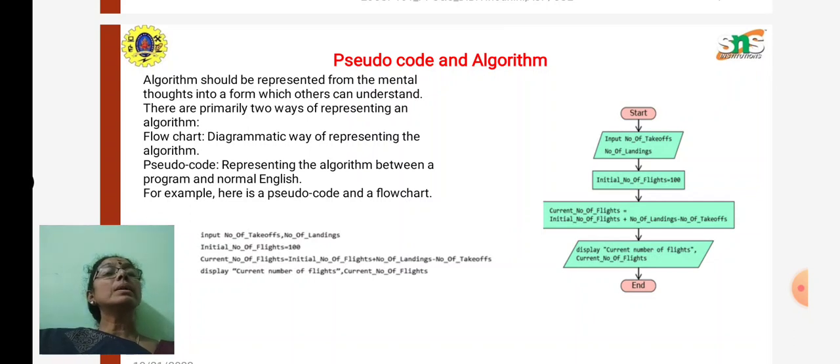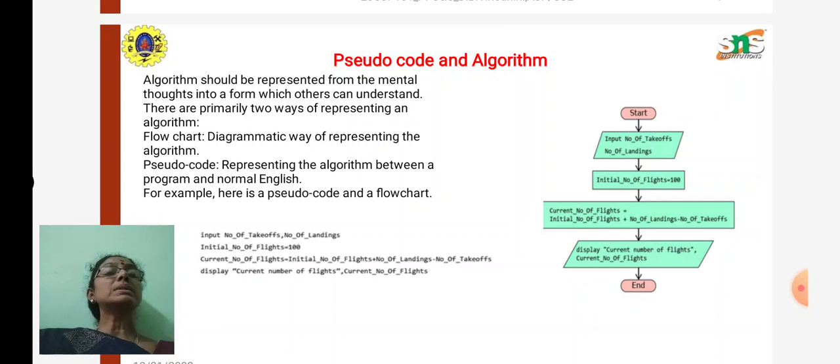So first, in terms of the flowchart, we have Start. After that we have an input: the number of takeoffs and the number of landings. Next is the initial condition we have to initialize: initial is equal to the current number of flights. Starting-ல எவ்வளோ இருந்துச்சு.